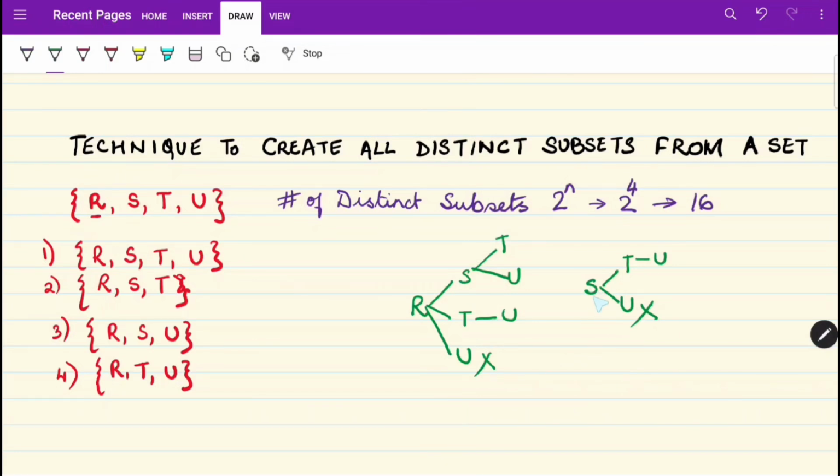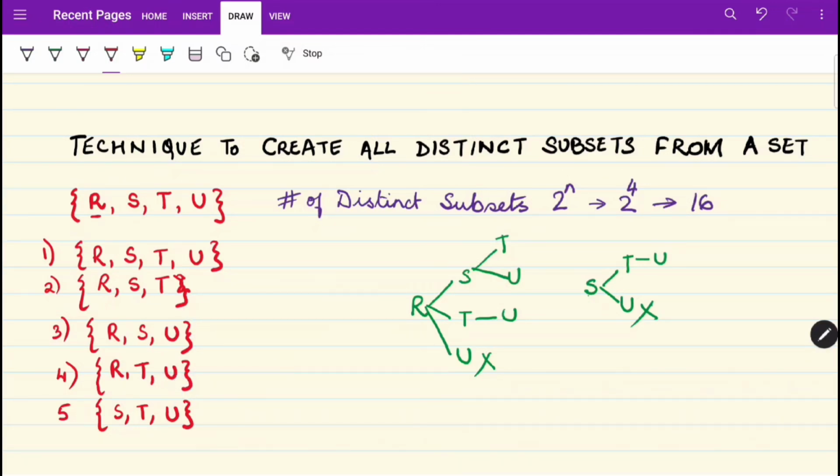And we pick the combination STU. So I'm going to write here as the 5th one, it's STU. All right. And we have completed all combinations of size 3. All the subsets that can be created of size 3.